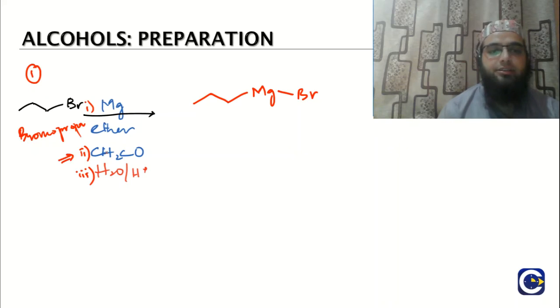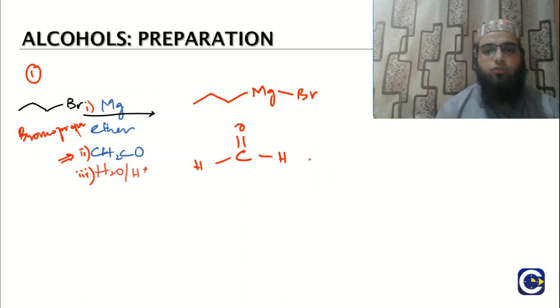second reagent, which is actually a substrate itself, formaldehyde. And we know when we react formaldehyde and the Grignard reagent, we get primary alcohol, and the third reagent is the acidic workup. So the overall transformation will be the formation of the OH bond at this carbon, and there will be the attachment of an alkyl group at this carbon.